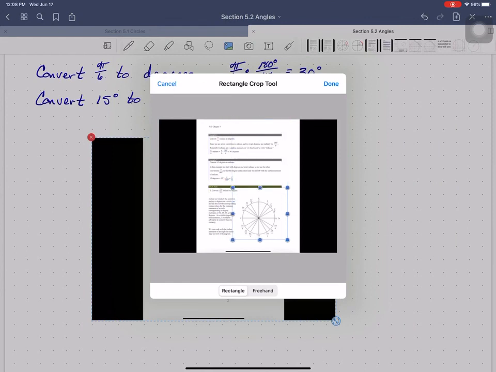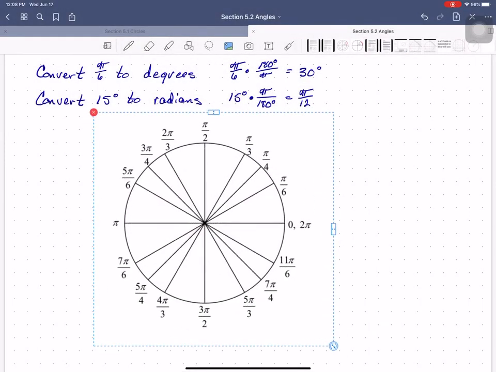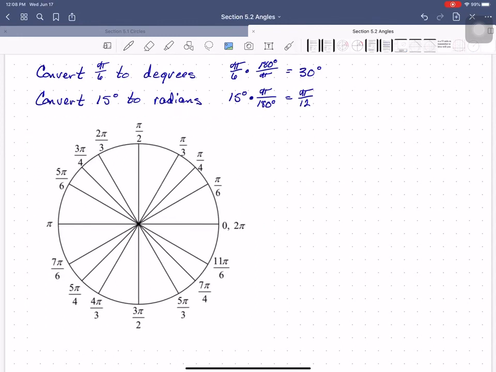And frequently you will encounter the unit circle with both degrees and radians marked on it, and that is how it is shown in your trig cheat sheet that you'll find in the Canvas shell.